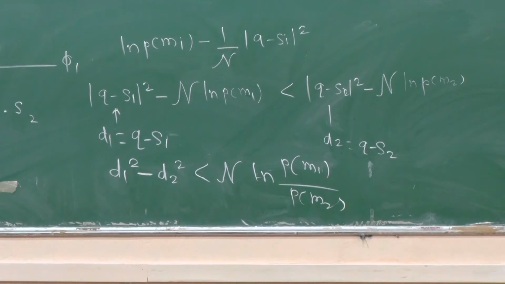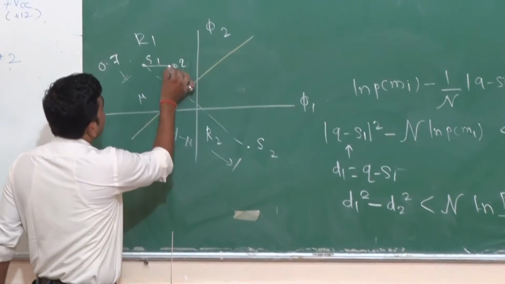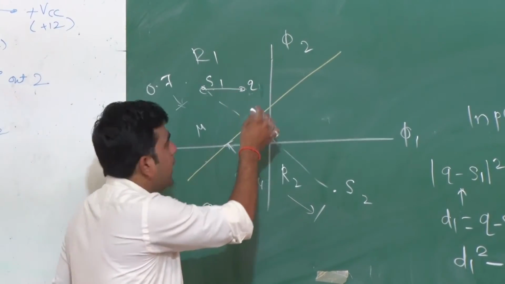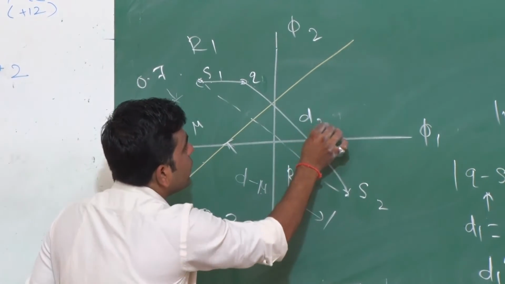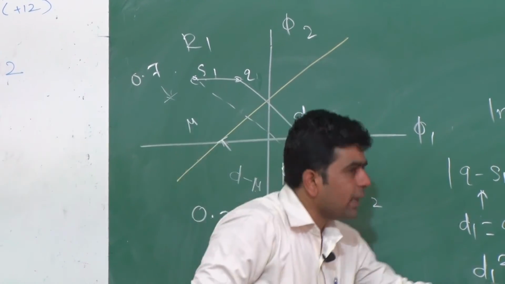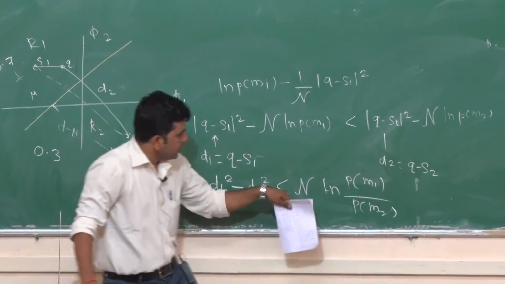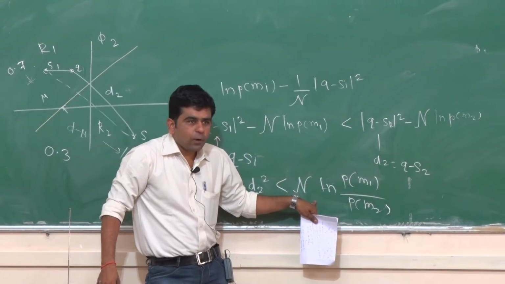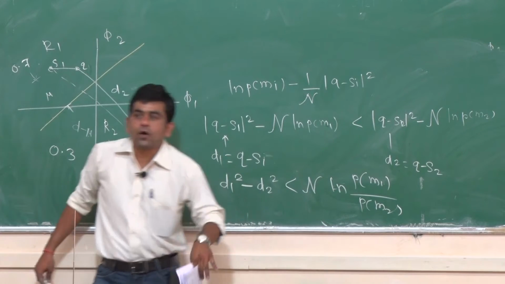Here the distance between q and s1 is d1 and the distance between q and s2 is d2. So d1 square minus d2 square is less than the PDF for noise into natural log of probability of m1 divided by probability of m2.